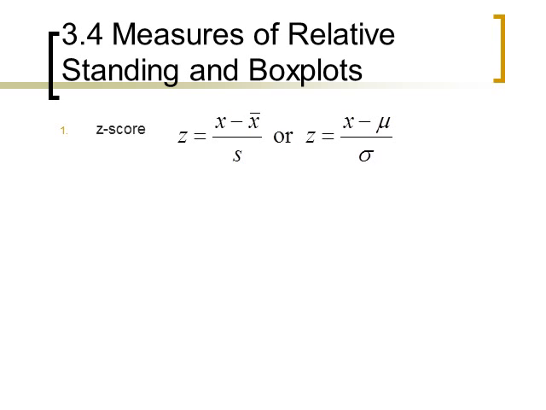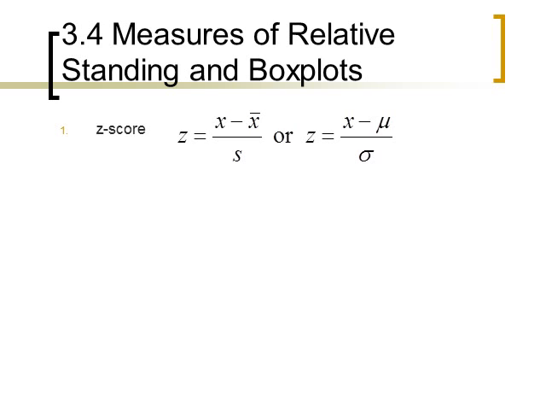And so to do this, we have a conversion formula called the z-score formula. And so the formula is z equals x minus x bar divided by s, or z equals x minus mu divided by standard deviation, sigma. I just wanted to point out that both of these z-score formulas are really the same thing.